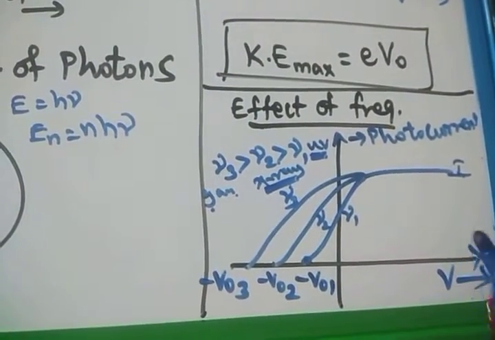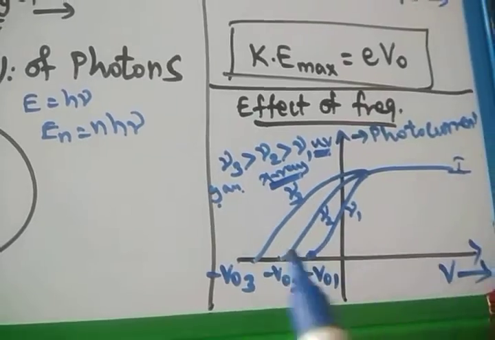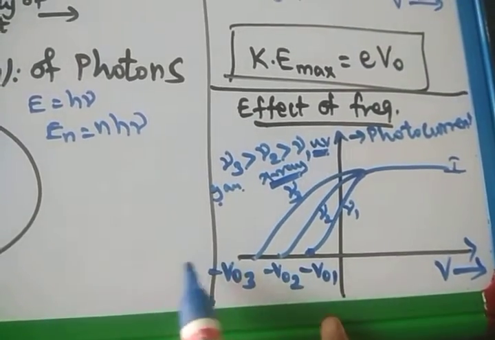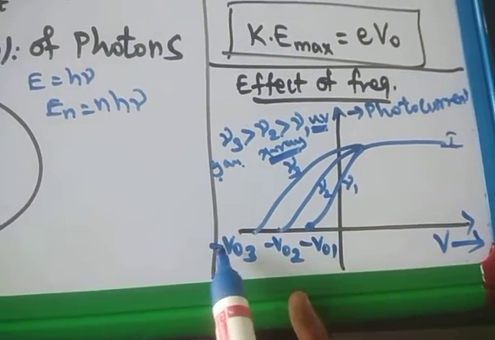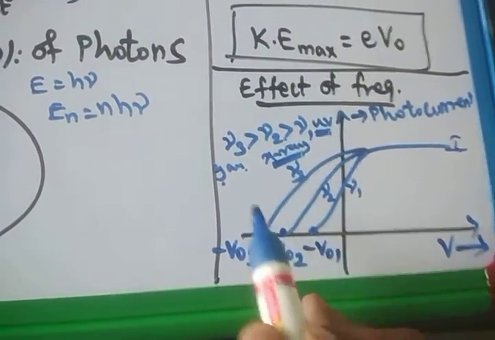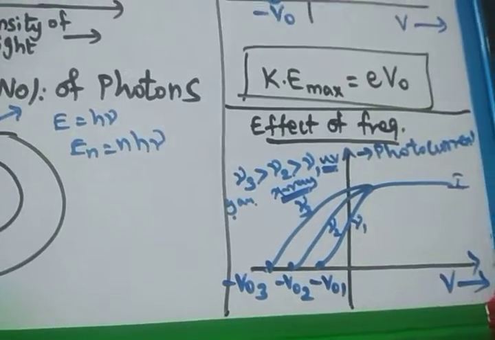In order to stop this, we have to supply more reverse voltage. That is, the reverse voltage increases. So we can say that V0 will be at different positions for different frequencies.